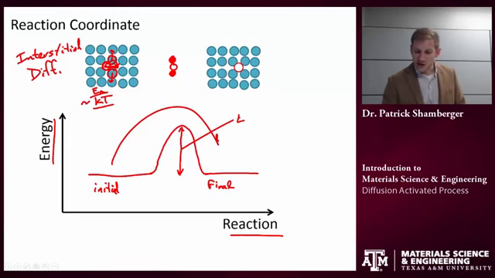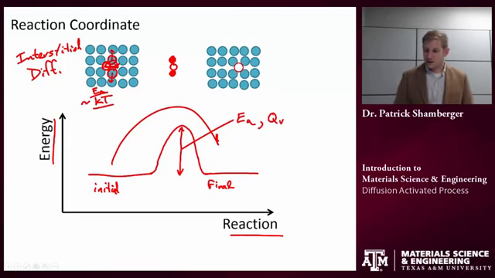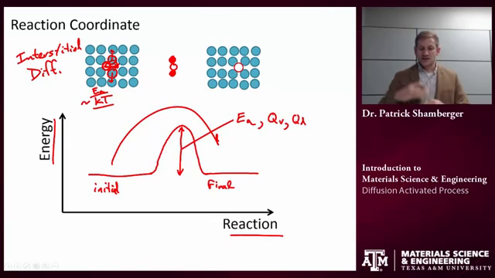So this term here is the activation energy. Sometimes it's also called a heat of some sort of reaction: heat of vacancy creation, heat of diffusion. So you can see different variables used to describe this. But this is the magnitude of that energy barrier we have to overcome. So if E sub A is smaller, it's more likely to happen. If the temperature is higher, it's also more likely to happen.